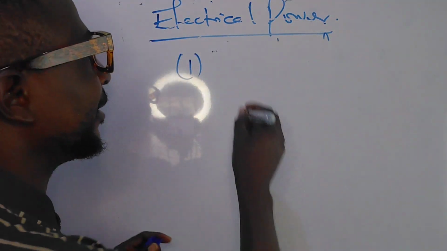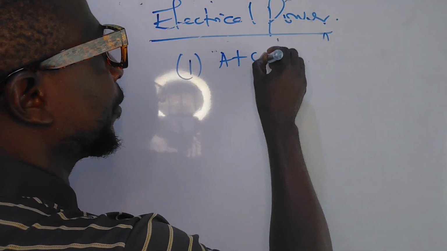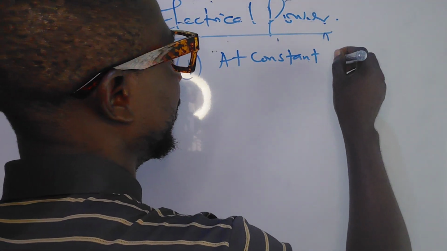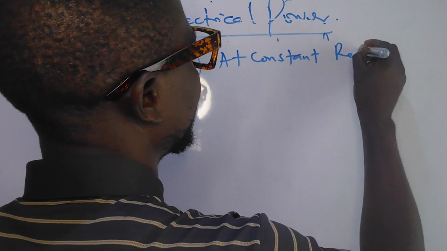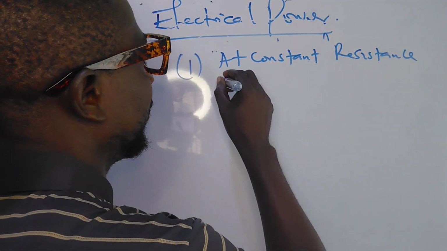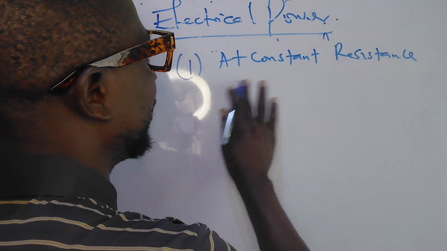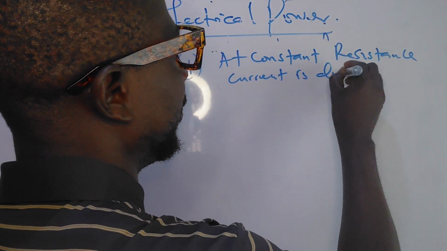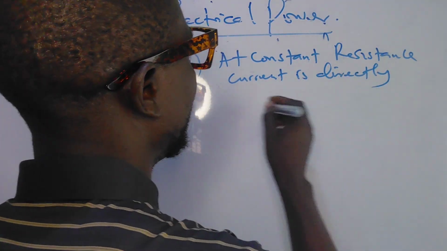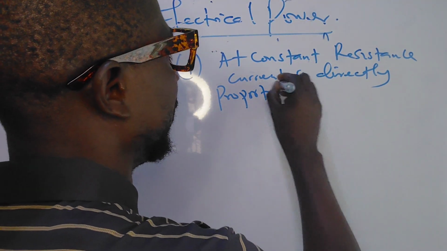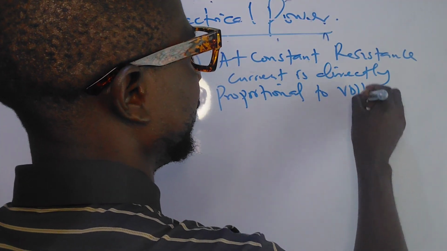The first question is, at constant resistance, current is directly proportional to voltage.